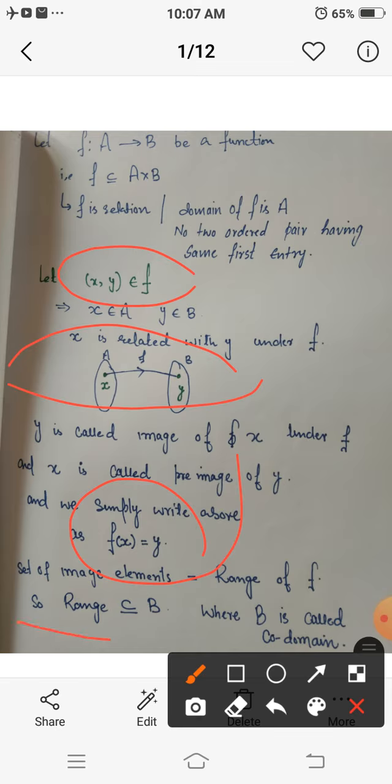So clearly the range is a subset of the set B, where B is called the codomain of f. As in functions we define B to be the codomain, and the range is a subset of the codomain. Similarly in functions, the range is a subset of B, where B is called the codomain.